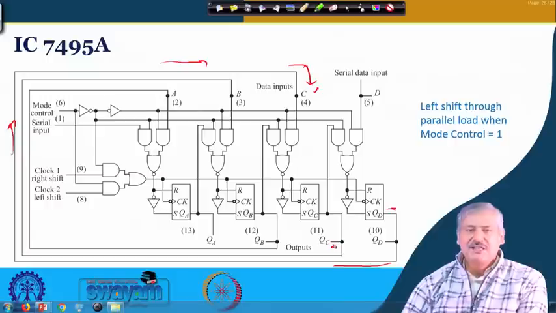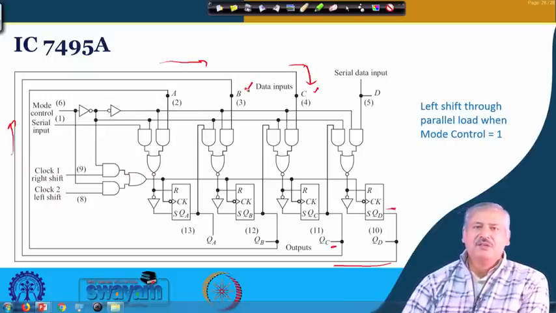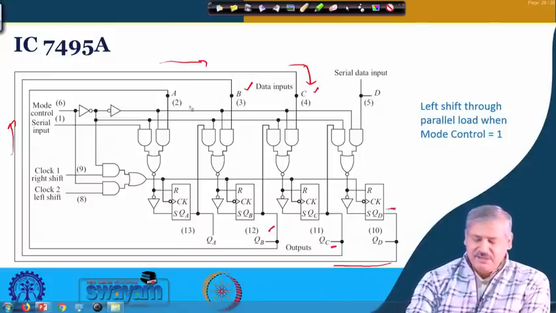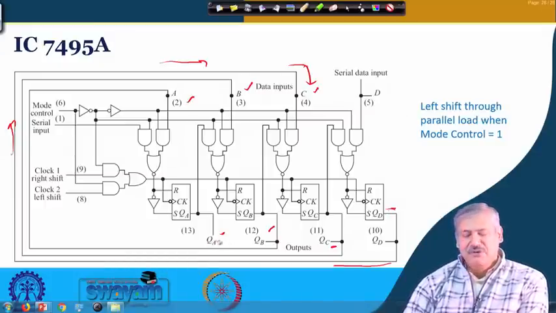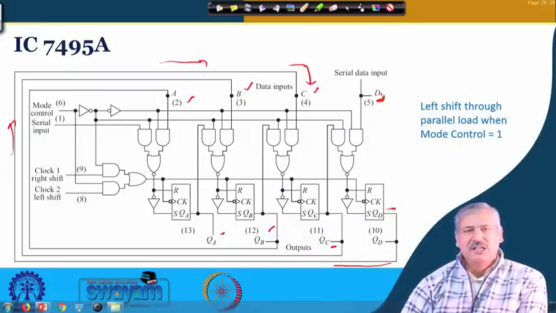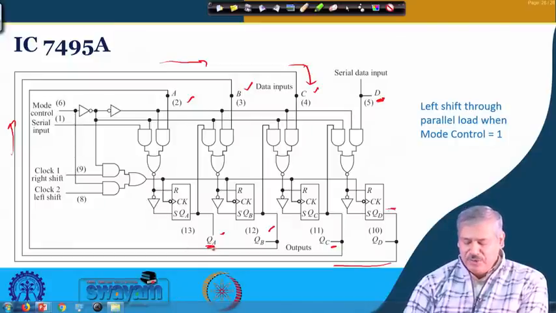Similarly, QC is connected to B input. So, parallel load input is there for the flip flop B. QB is connected to A, right, and QA is there as the final output, okay. So, serial data in will be coming through D and serial data output will be through QA, okay.